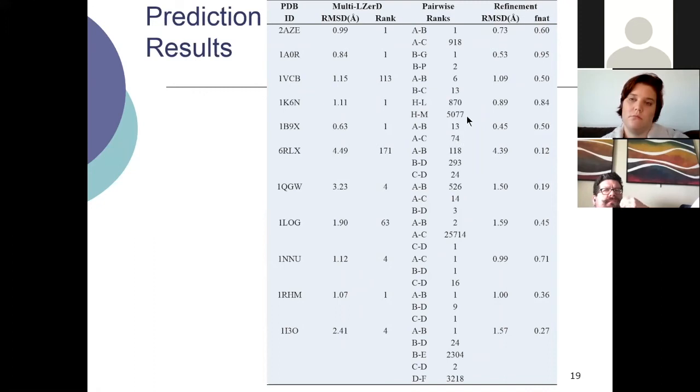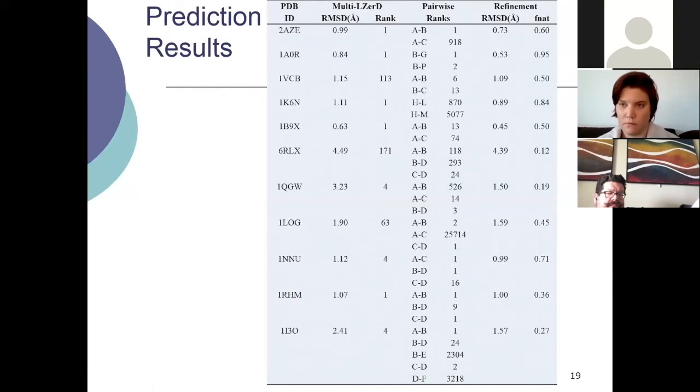Actually, for larger complexes of 6 chains and 7 chains, this algorithm started to have some difficulty, because making pairwise models is getting difficult for cases with very small interfaces between each other. For 3 chains and 4 chains, this method works very well.